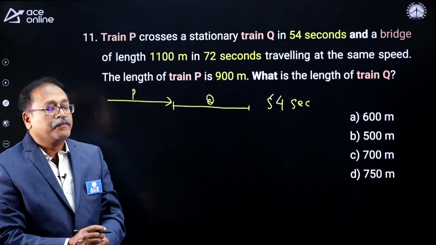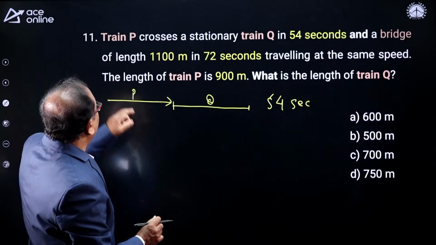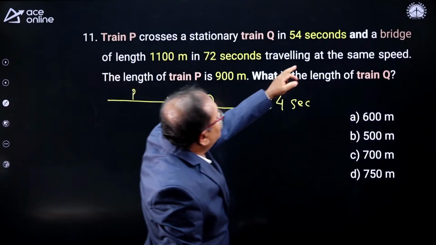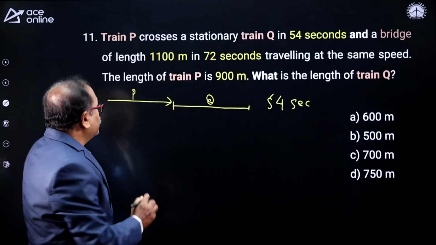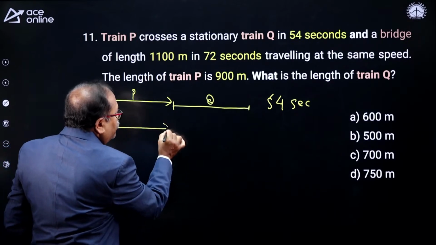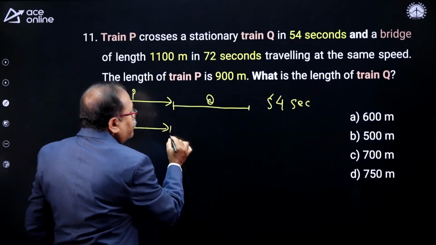Now it says that the same train P crosses a bridge of 1100 meters in 72 seconds.